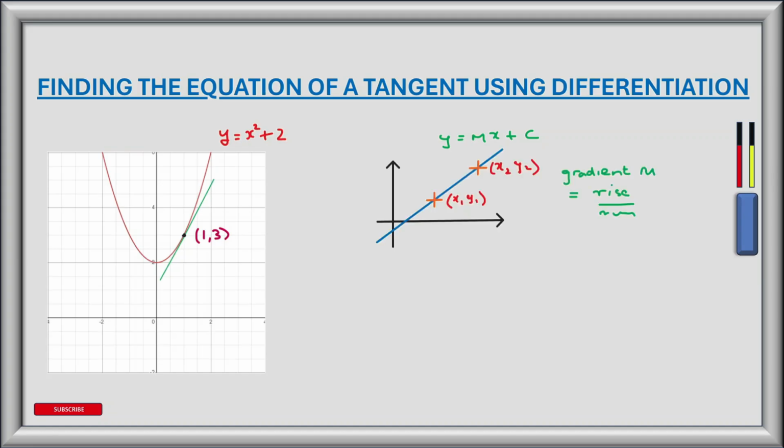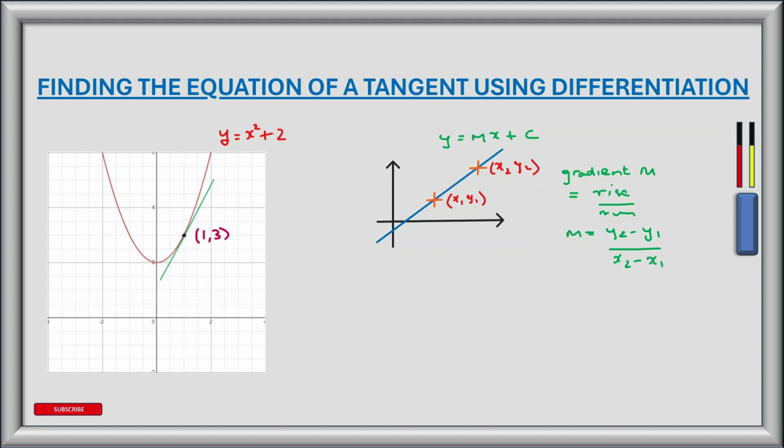When using this method, we were given 2 points on the line. We could then use these 2 points to calculate the gradient by using the formula m for gradient is coordinate y2 minus y1 divided by coordinate x2 minus coordinate x1.